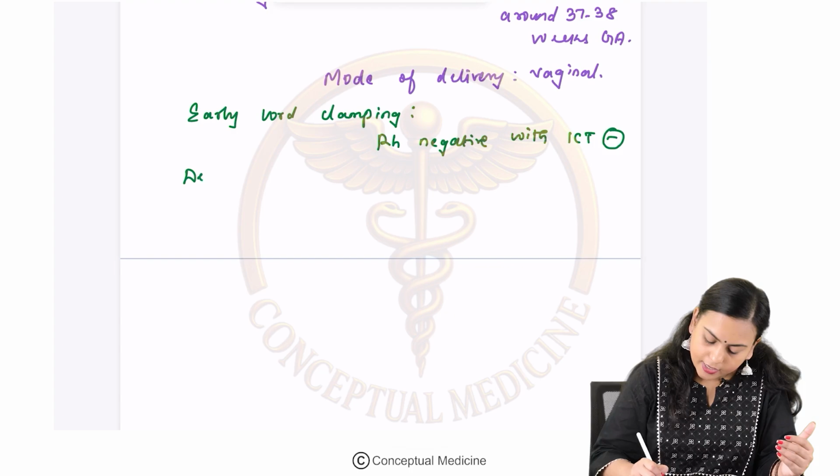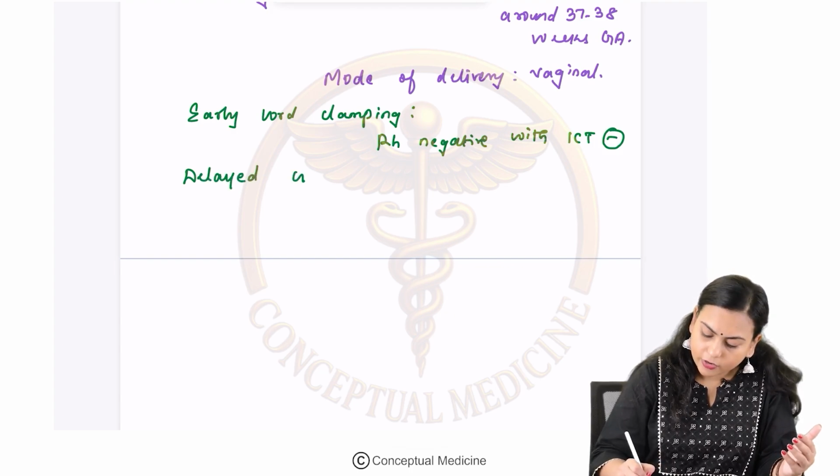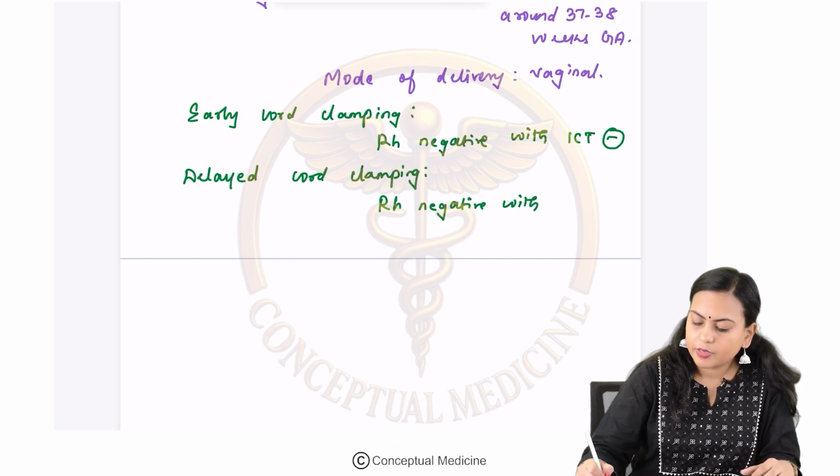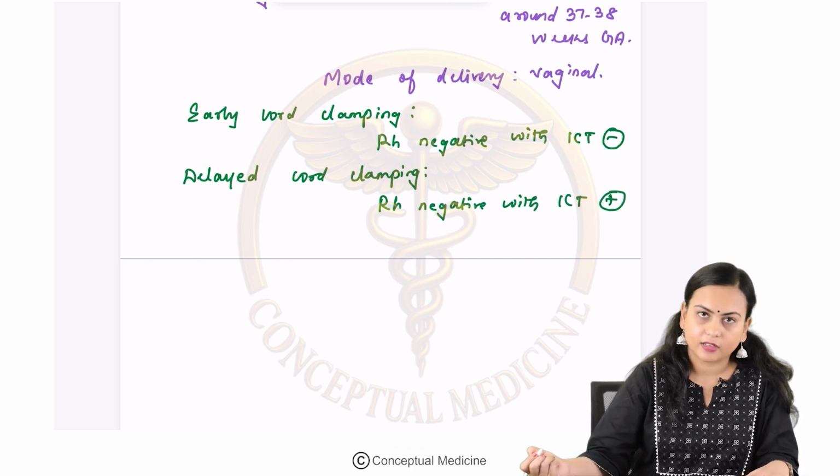And you can even do delayed cord clamping in an RH negative pregnancy with ICT positive, because sensitization has already occurred, right?